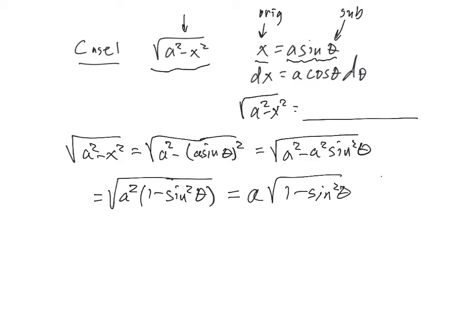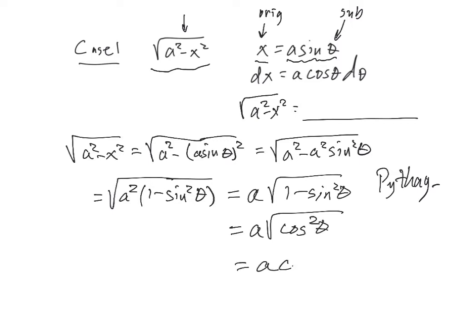You should recognize, according to the Pythagorean identity, that 1 minus sine squared theta is cosine squared. Now take the square root there, and we get a cosine theta. That goes up here in the blank.